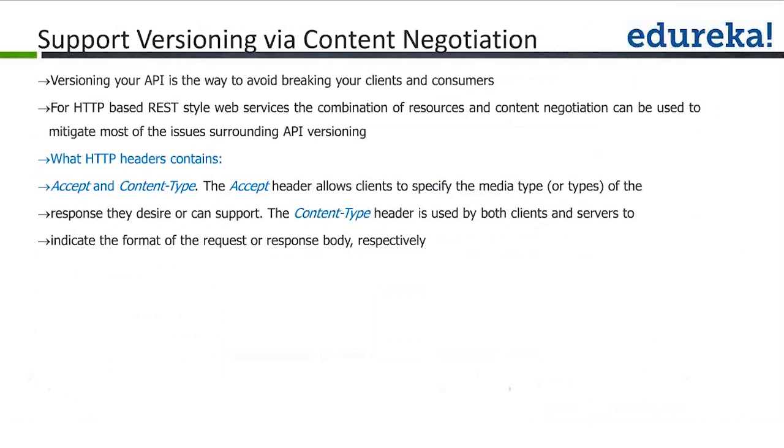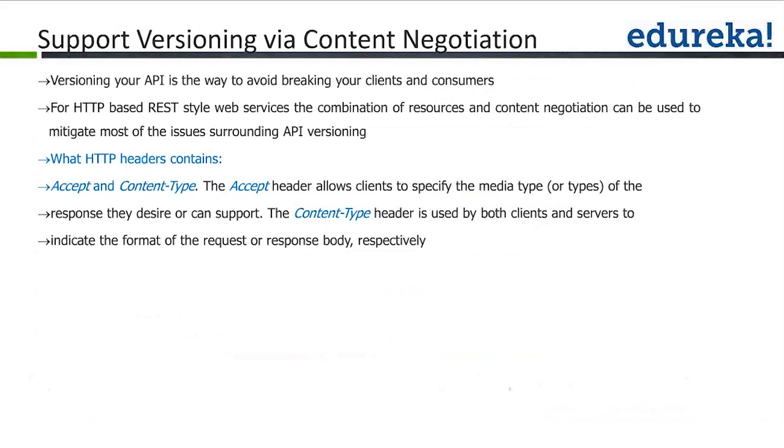Support versioning via content negotiation. So what does the HTTP header contain? This concept is very specific to the REST style of web services, which is a combination of resources. When we do an HTTP request and see an HTTP response, there are two attributes which we always see: one is Accept and one is Content-Type.